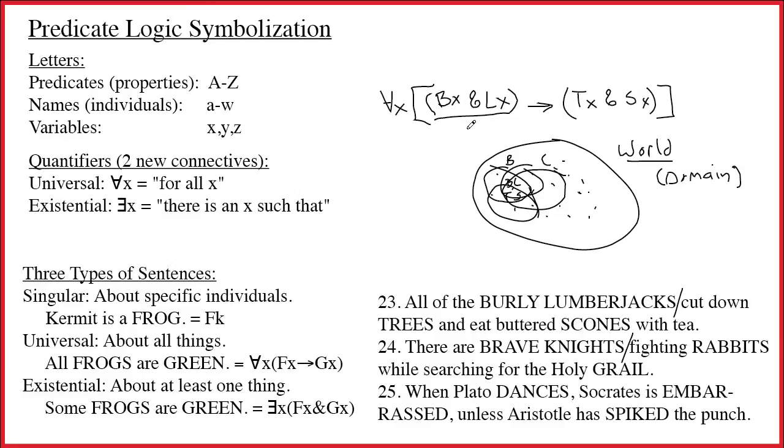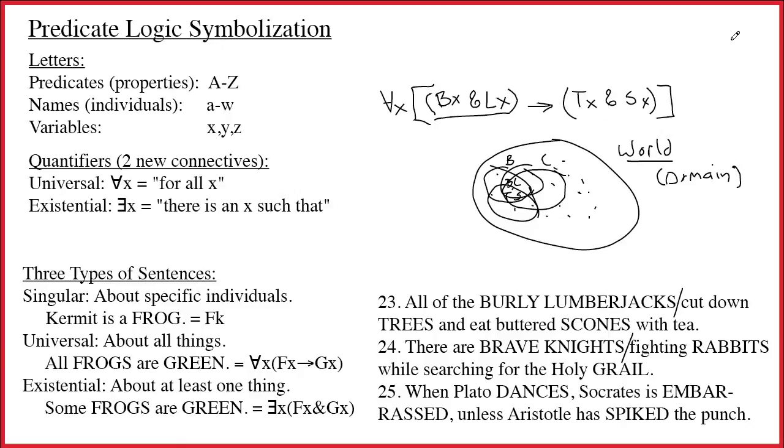I point this out because that's a significant difference between universals and existentials. Existentials always imply existence. That's why they're called existential. Universals don't. They say if something has a property, then it's going to have some other properties as well.